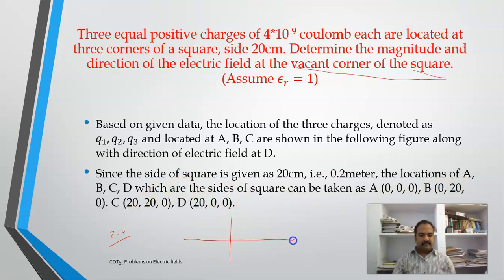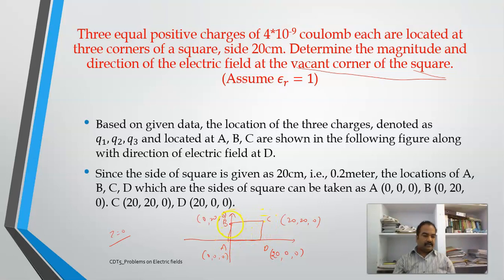So I'll take the x and y coordinate system and consider a square like this: A, B, C and D. The locations of these points, I can write as A is 0, 0, 0, B is 0, 20, 0, C is 20, 20, 0, and D is, sorry, 20, 0, 0. These indicate the vertices of the square.